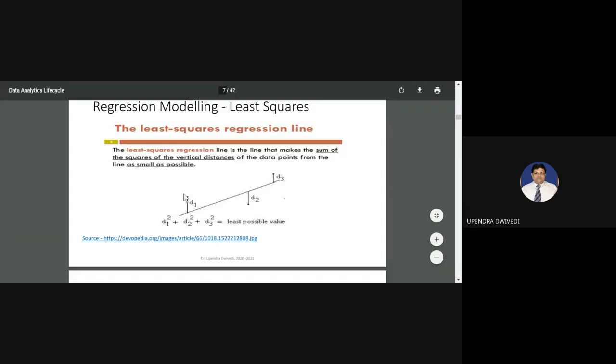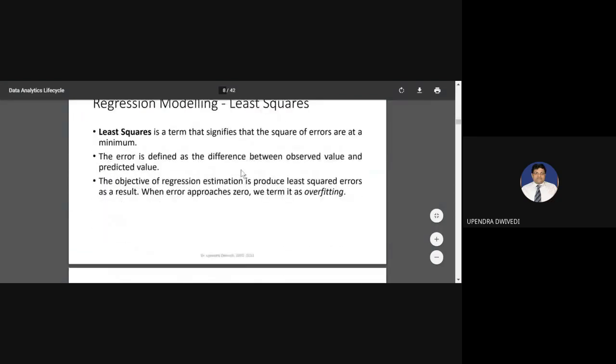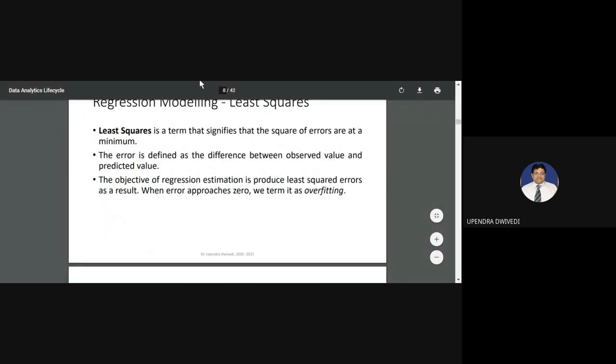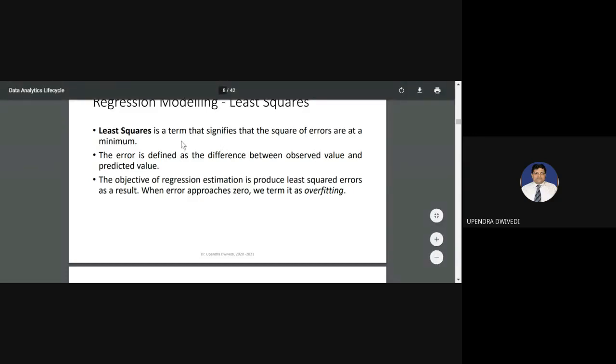So there is a difference between the actual variable and the observed one. Based on this data, we find the square of error, and we are trying to minimize the square of error to a minimum level.